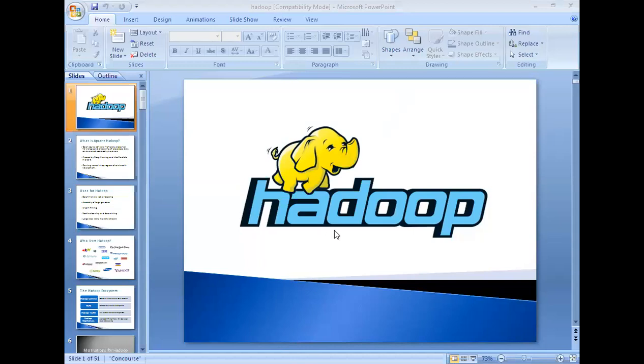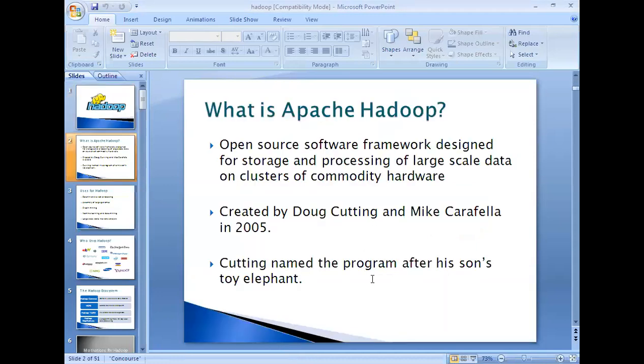Right. Now, let us talk about Hadoop, which is developed by the Apache Corporation. So what is Apache Hadoop? It is an open source software framework designed for storing and processing huge volumes of data on clusters of commodity hardware, same as Google file system.